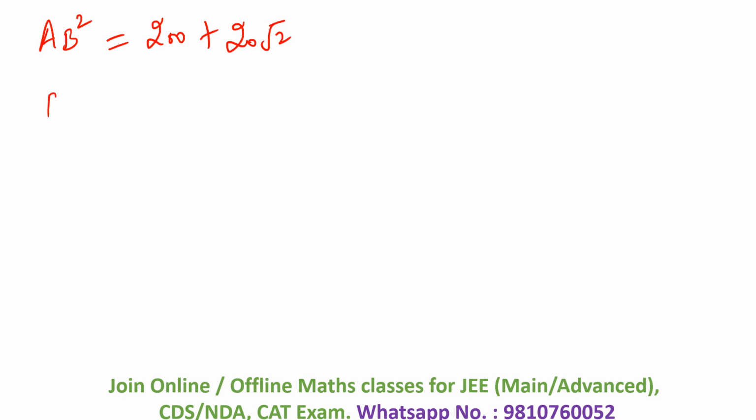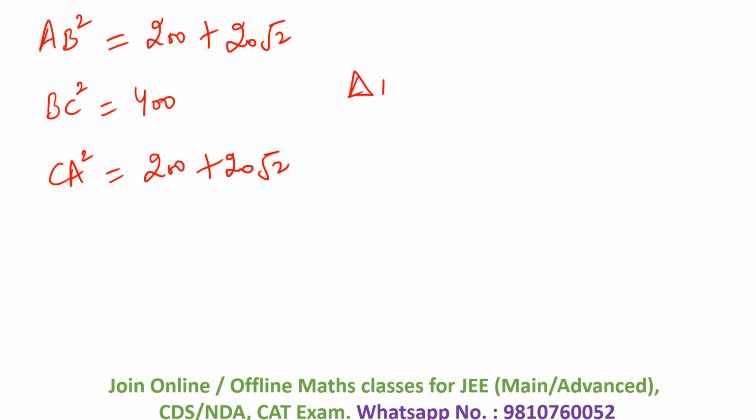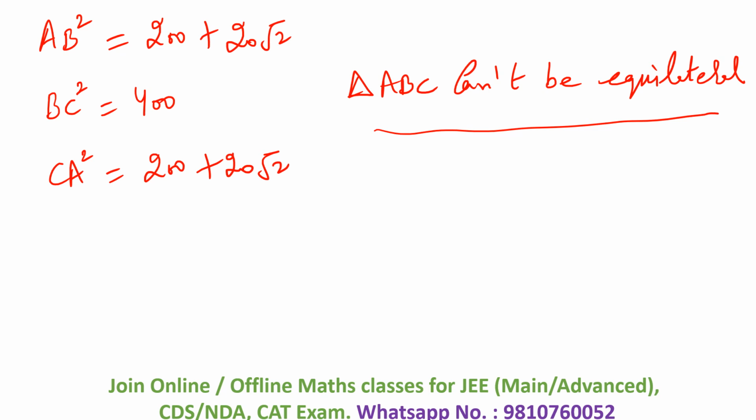The value of BC square comes as 400 and CA square is again 200 plus 20 root 2. So this clearly means that all sides cannot be equal to each other. Hence, triangle ABC cannot be equilateral. So that means we have to consider the first case only, that is, the triangle is non-equilateral. Fine. Now we move to the next question.